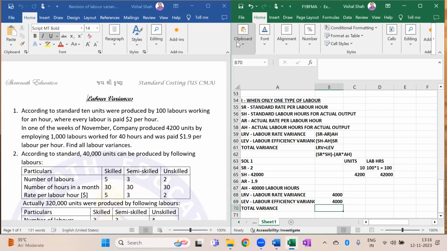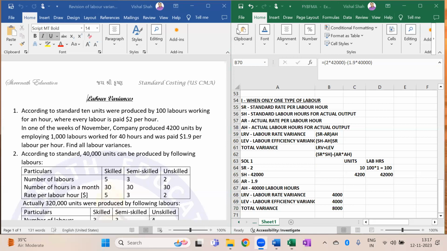It is coming 4,000 favorable again. So total variance, as I have told you, you can do 4,000 plus 4,000, 8,000 favorable. Rather than that, I will do SR, that is 2 into 42,000 minus 1.9 into 40,000. 8,000. So all the three variances are done.